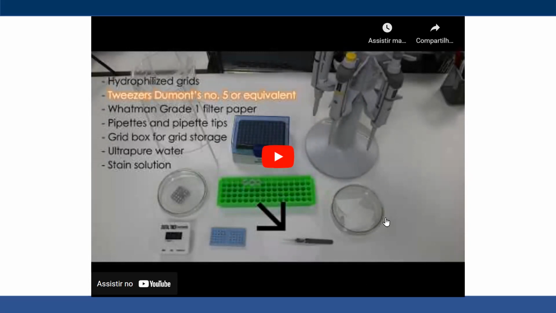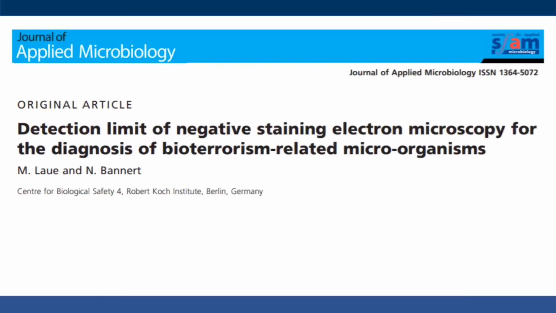So now we saw the preparation protocol, and as an application example, we brought here this article that was published in the Journal of Applied Microbiology. The title is Detection Limit of Negative Staining Electron Microscopy for the Diagnosis of Bioterrorism-Related Microorganisms.